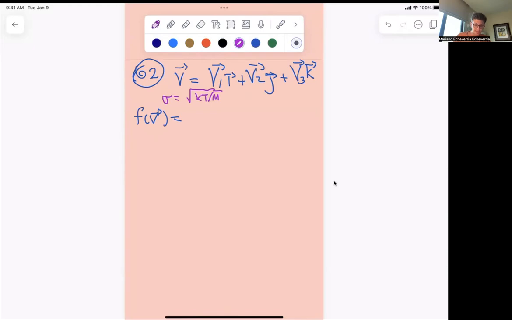So they're saying that the density function for the velocity is just 1 over 2 pi sigma to the 3/2, e to the minus, and so on. I'm just rewriting the formula in terms of what they wrote for sigma.